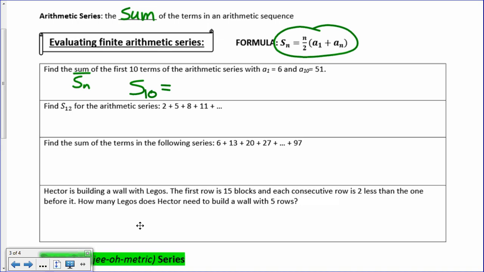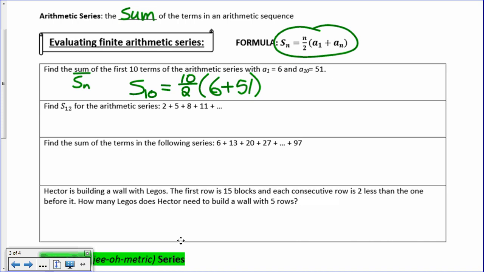So do I know what n is? It's 10, right? They want us to go out to the 10th term and then add everything together. Do I know what the first term is? They straight up told us it was 6. Do I know what the 10th term is, that last term I need to go out to? 51. So they basically told us everything we needed to plug into the formula. This is the most straightforward version.